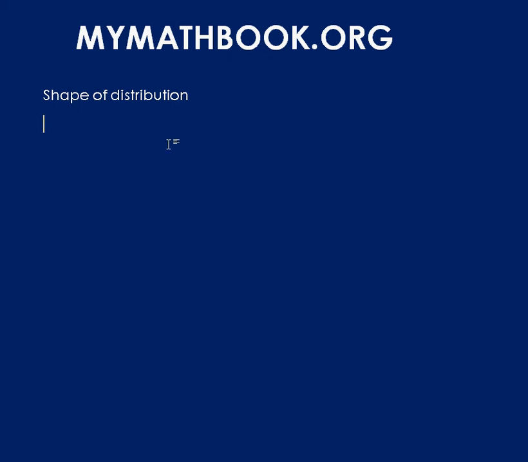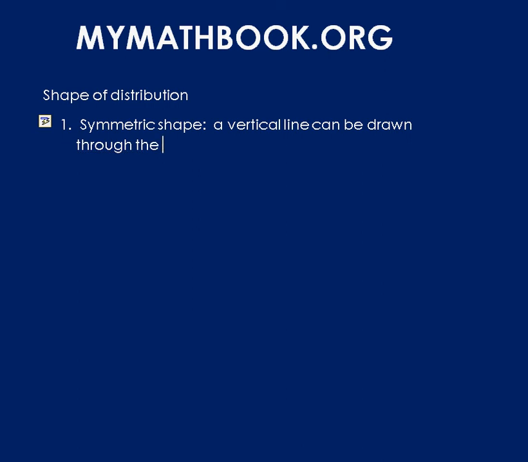Alright, so the first thing I want to talk about today will be the first shape, the symmetric shape. Now the symmetric shape of the graph means we say that a vertical line could be drawn through the middle of the graph, and then what happens?